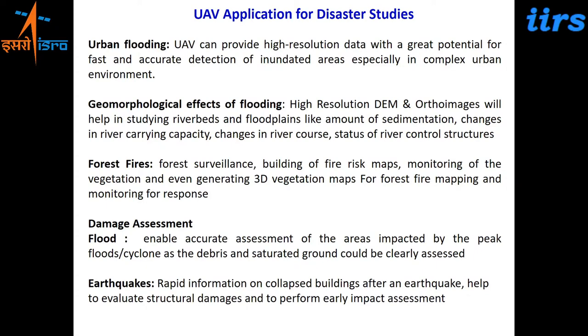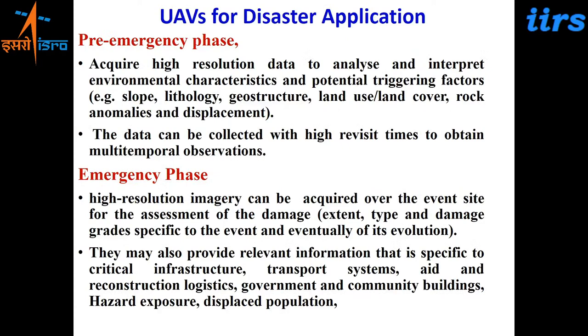Now in the pre-emergency phase, you can acquire high-resolution data to analyze and interpret the environmental characteristics and the potential triggering factors. You can derive these from the datasets, and then you can have multi-temporal observation. Continuously you can observe a location and then you can predict.